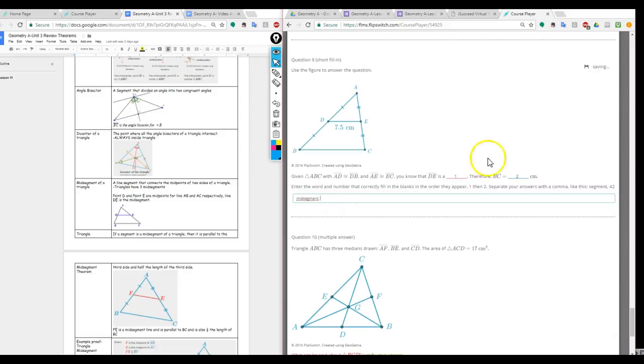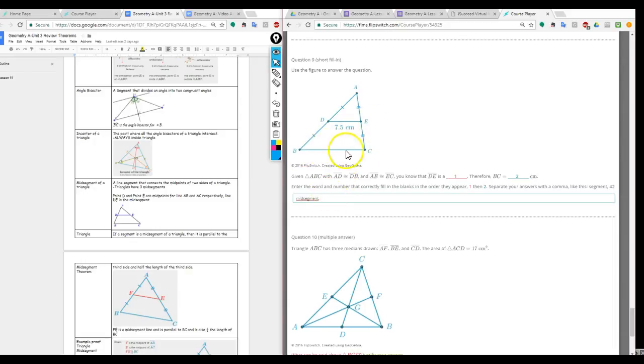So DE is a mid-segment, comma. Therefore, BC equals blank. Well, BC is down here, so let's continue reading from our notes. Triangle midsegment theorem. If a segment is a midsegment of a triangle, then it is parallel to the third side and half of the length. So DE is half of the length of BC.